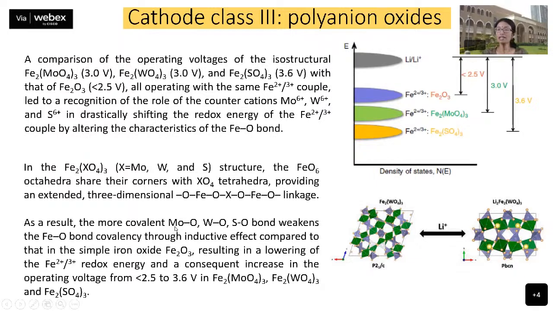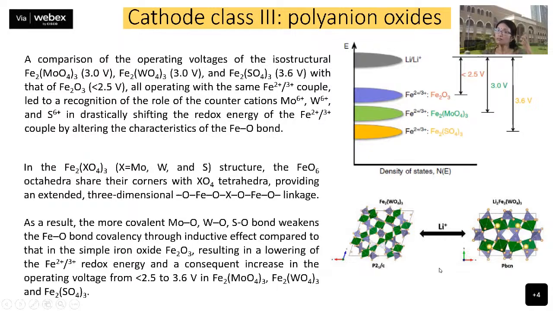So the more covalent this Mo-O, tungsten-oxygen or sulfur-oxygen bond is, it weakens the Fe-O bond covalency through the inductive effect, compared to that in a simple ion oxide. So it results in the lowering of this Fe2+/Fe3+ redox energy, and consequently the operating voltage increases.